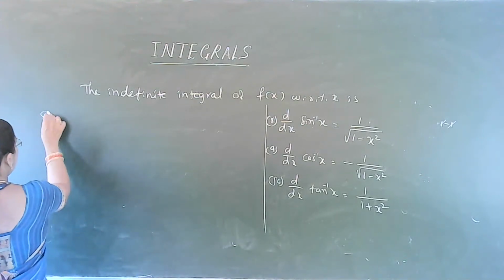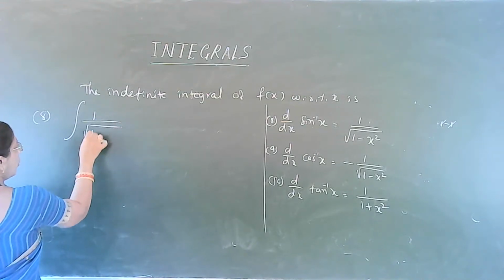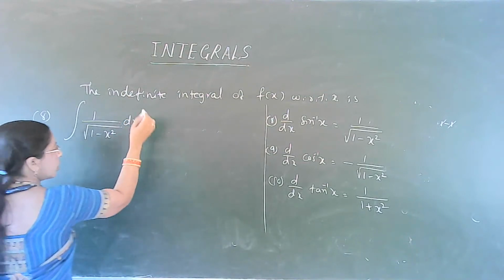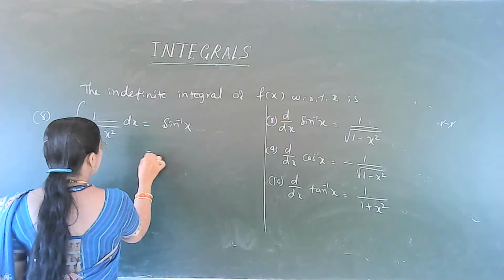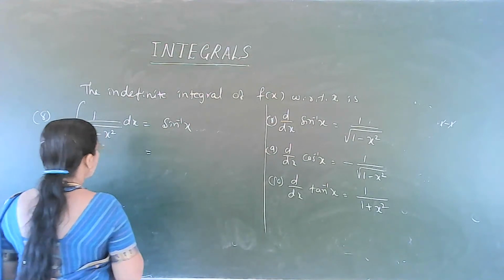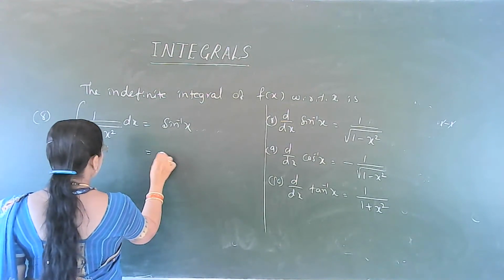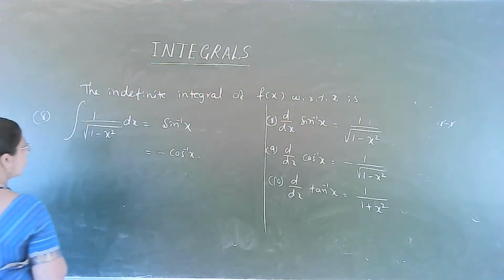Then we find the integration of 1 by square root of 1 minus x square dx, which is equal to sin inverse x, or which is equal to minus cos inverse x also.